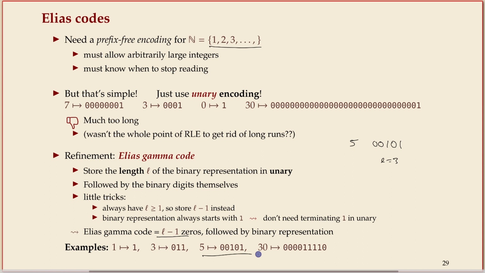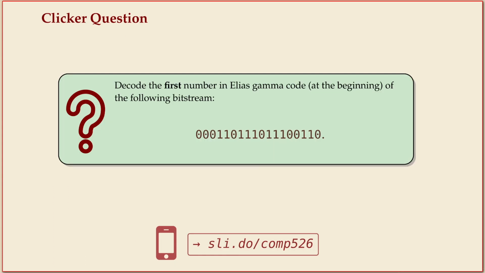All right. Let's practice that a little bit. To make it not too easy for you guys, this is a longer stream of bits, and I just want you to decode the first number that's encoded in Elias gamma code in that stream. So you'll have to figure out when to stop. That's my point.